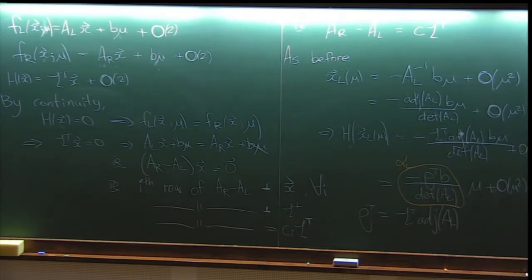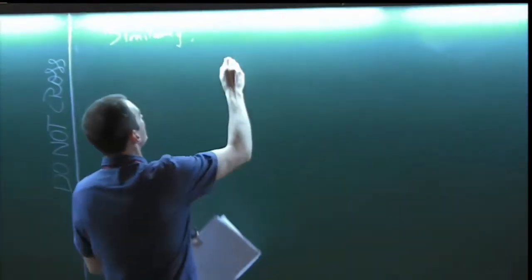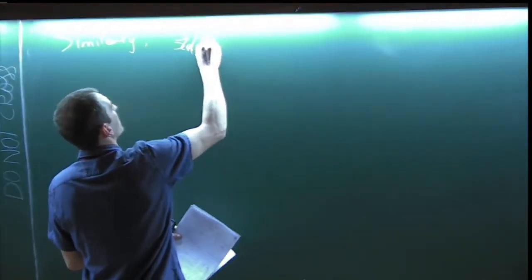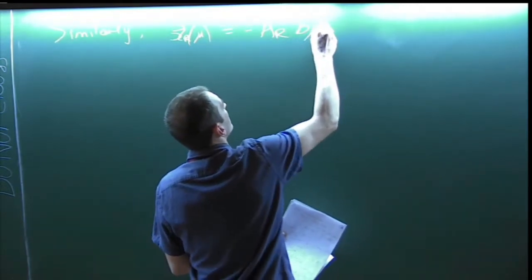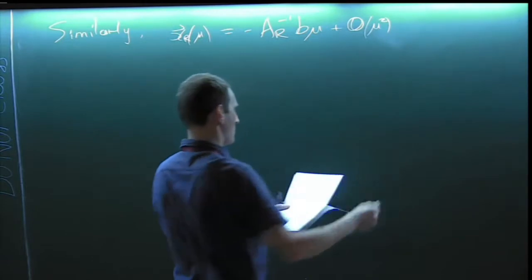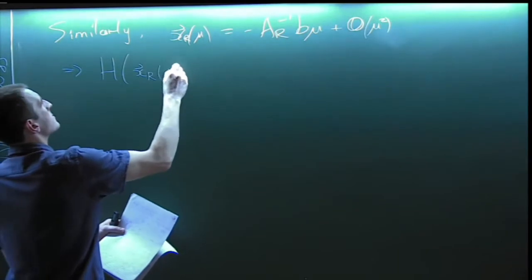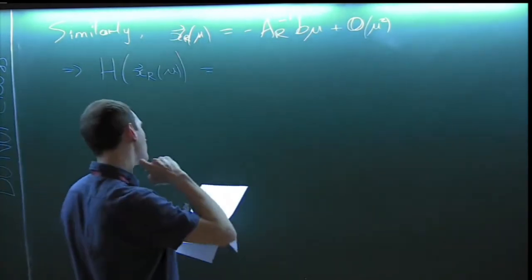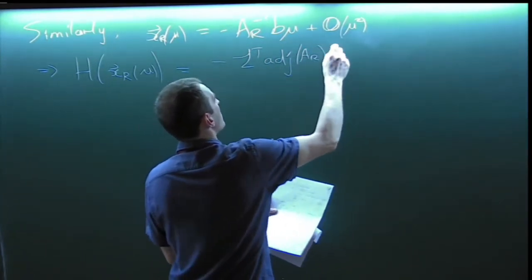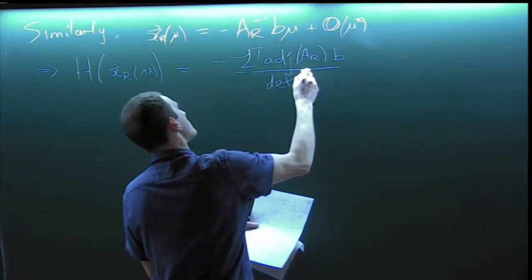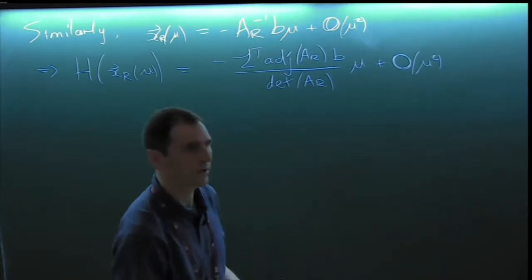Go over here now. So similarly, adjugate AR equals D. Okay, I still haven't anything new yet.